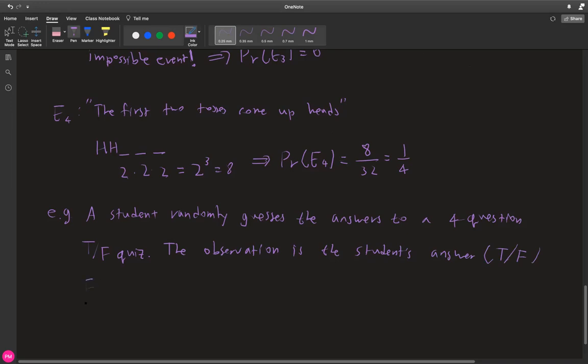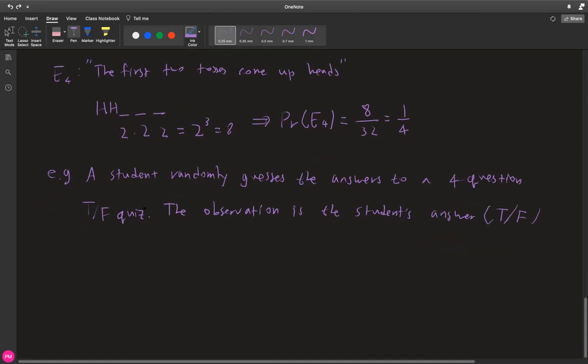And here we're going to look at the following events and the probabilities. So let's say for the first event, the student answers F on 2 of the 4 questions.